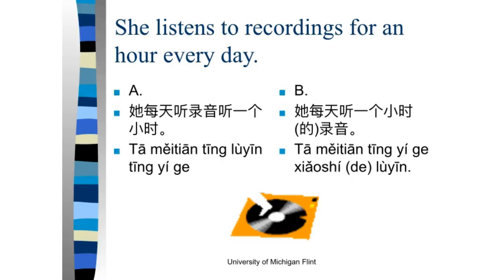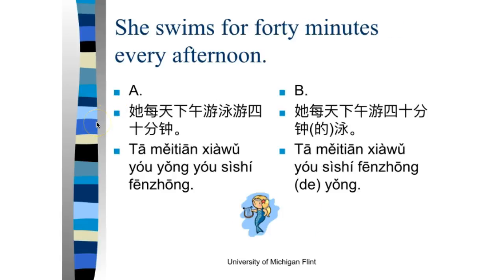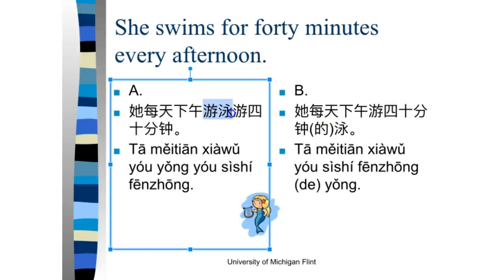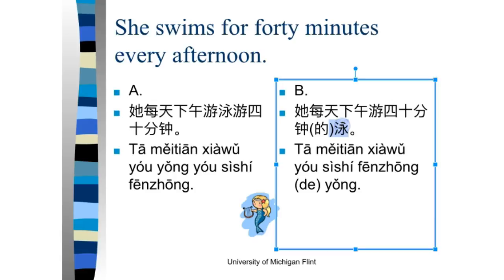Let's look at another example. 她每天下午游泳游40分钟. 她每天下午游40分钟的泳. So here, 游泳 is a verb object. It's repeated, verb object verb, or you use it to modify the 泳, the object at the very end.